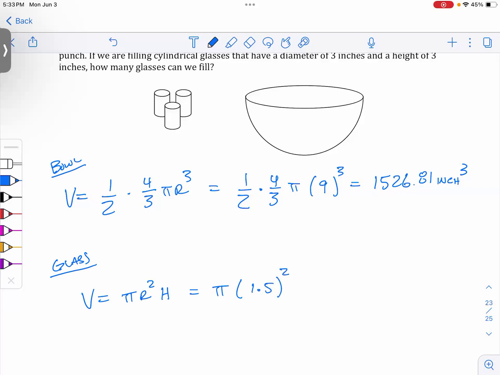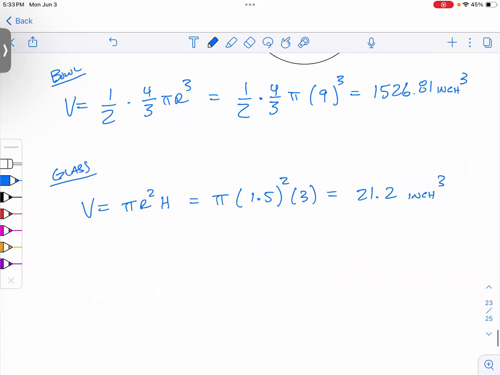Whether you're given diameter or radius, always make sure that you're converting back and forth, because that might be the biggest trick. And the height of each glass is 3 inches. So each glass has a volume of 21.2 inches cubed.